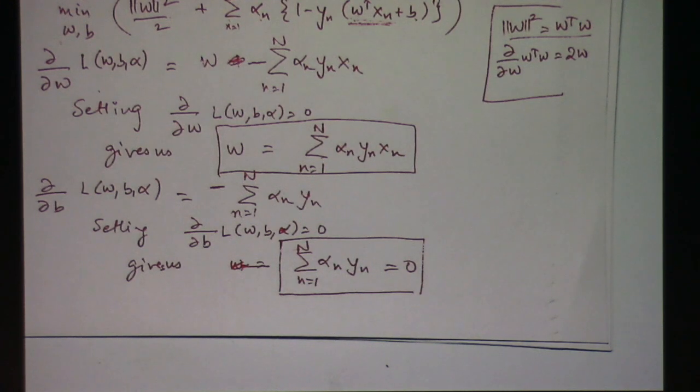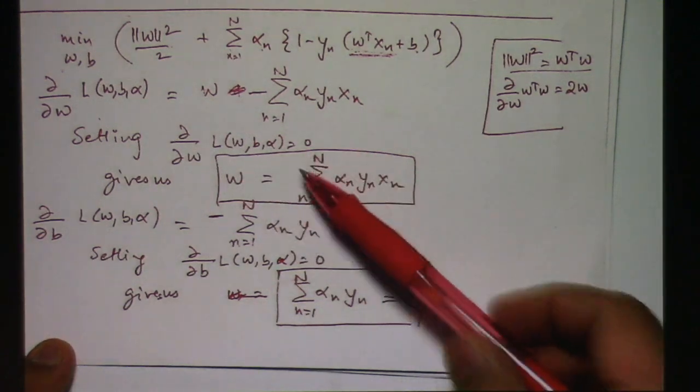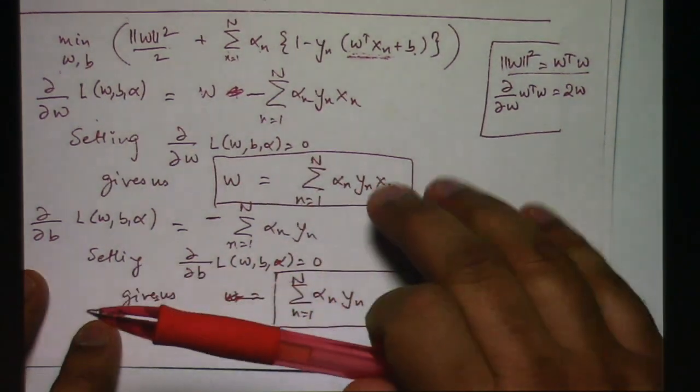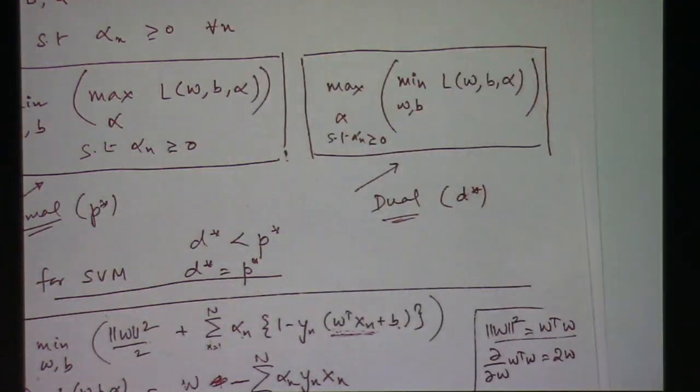Now, since we have W in terms of alphas, we are going to plug it back into our formulation over here, and then we'll get an objective function which is just a function of alphas, because all your W's and b's will disappear, and you'll see that.